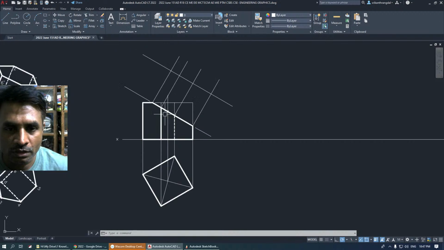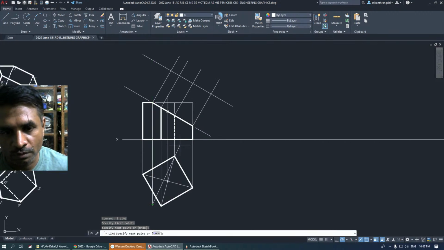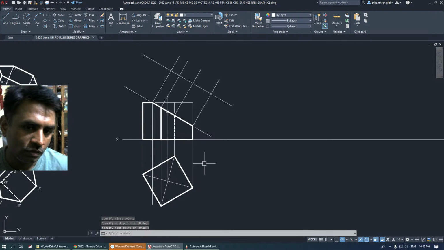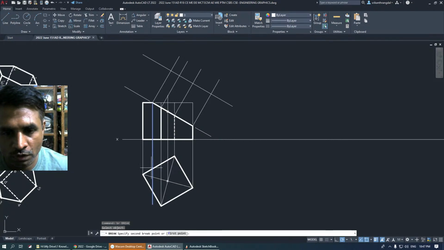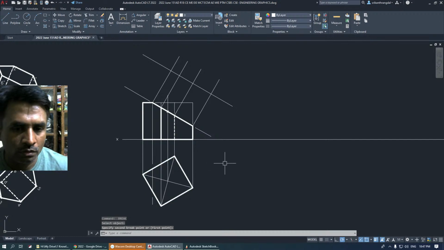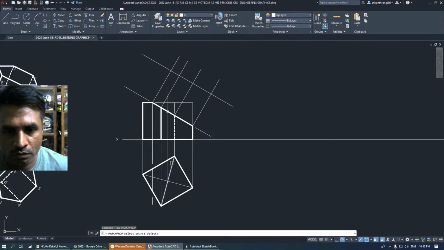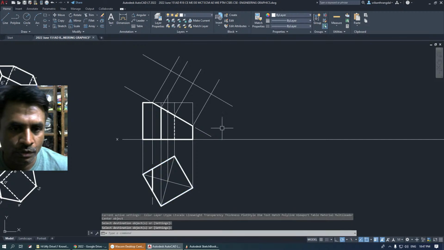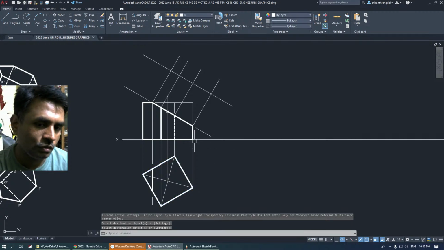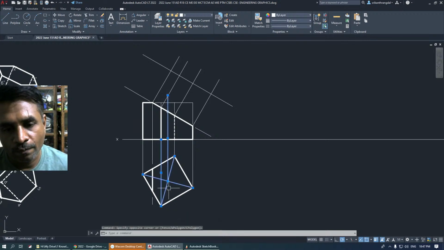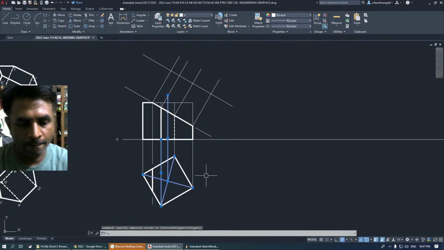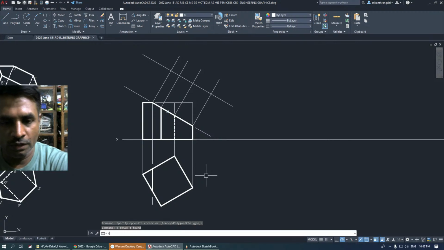Okay, first let's go ahead and draw the section of top view. This line is going straight here. The lines are now intersecting. So here, here, because this section is not cutting to the bottom edge, this complete edge is going to remain like this, and then we need to hatch this.